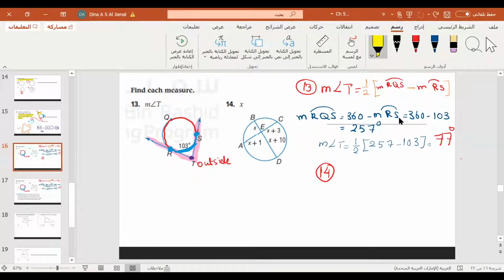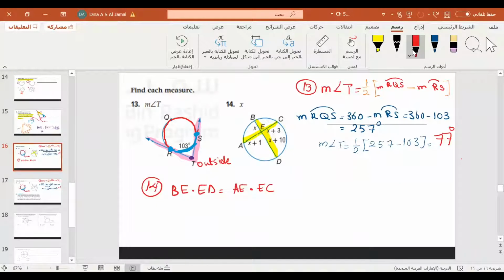You have two chords cutting each other. That means this is all about theorem 5.15, which is the segments of chords theorem. Let me solve it here. It's all about BE multiplied by ED equal to AE multiplied by EC.